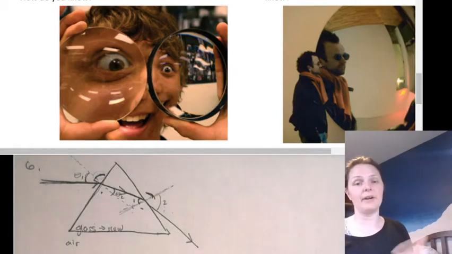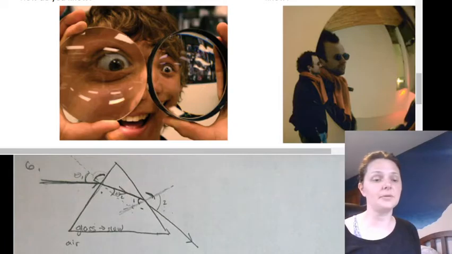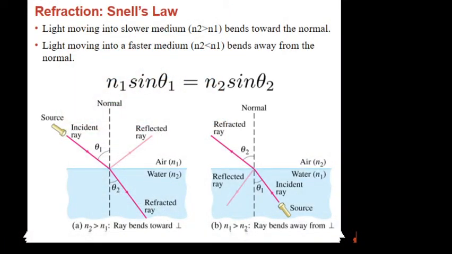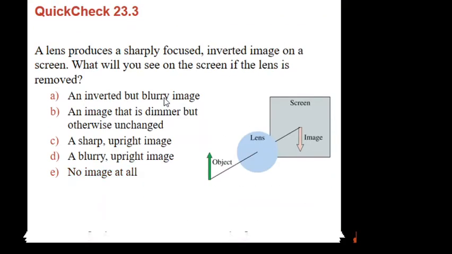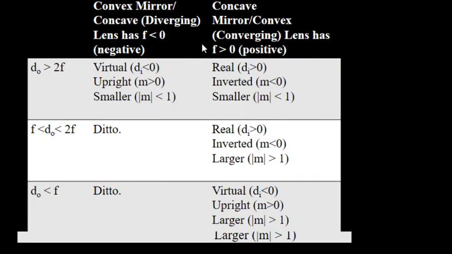And doing ray diagrams will help with all of this. But another thing that is helpful with all of this is this table that I have at the end of the PowerPoint slides. Right here, which says that for a converging lens, we will see that it's smaller.